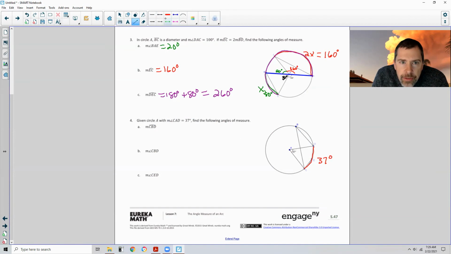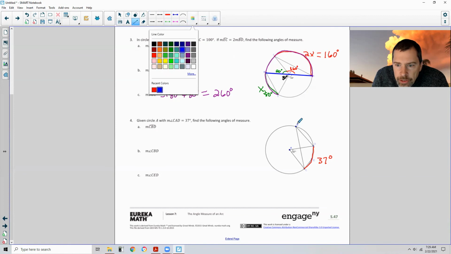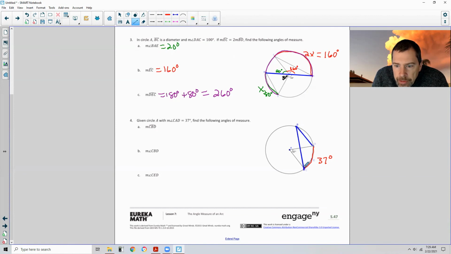Then I notice that I have an inscribed angle going from B to D and B down to C, and that intercepts our arc. So that angle's half. So half of 37 is 18.5 degrees. So this angle here is 18.5 degrees, half of the intercepted arc because it's inscribed.